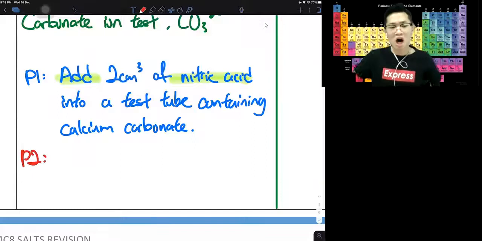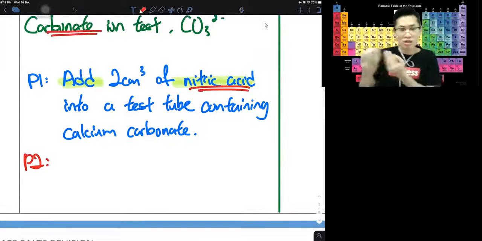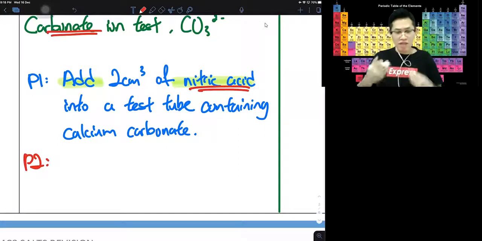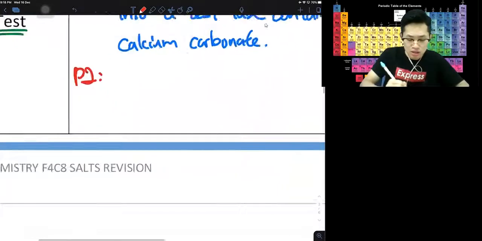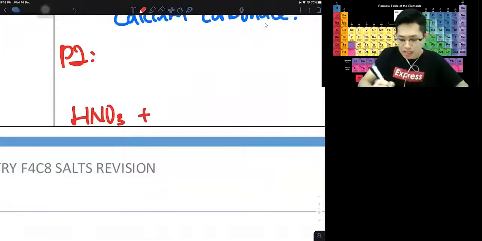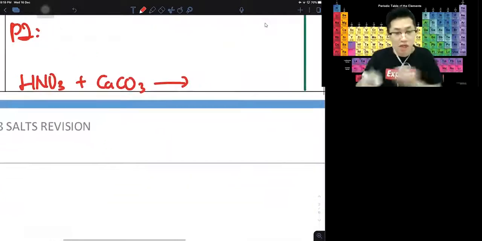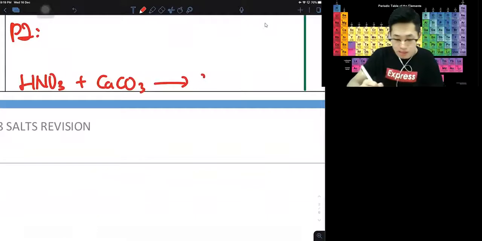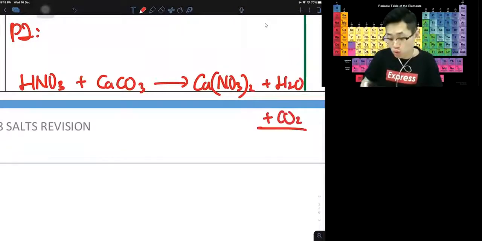So what will be the observation? When you add acid into calcium carbonate, this is what you can do in the exam. I write the equation out. HNO3 plus CaCO3. What is going to form? Ca(NO3)2 plus H2O and CO2.